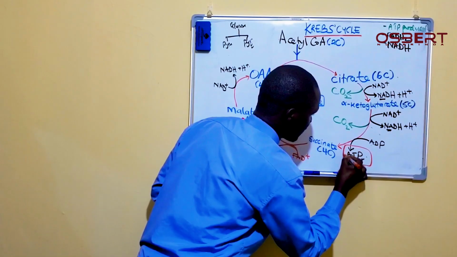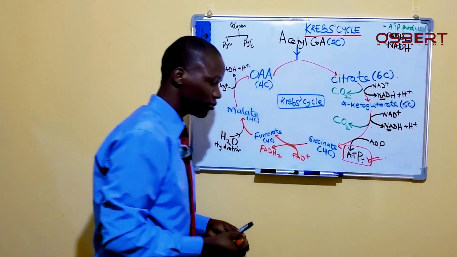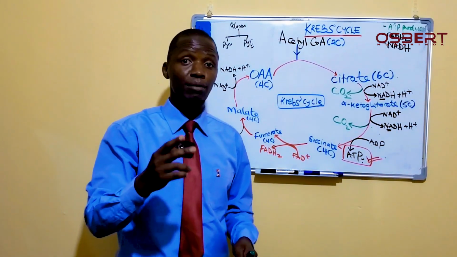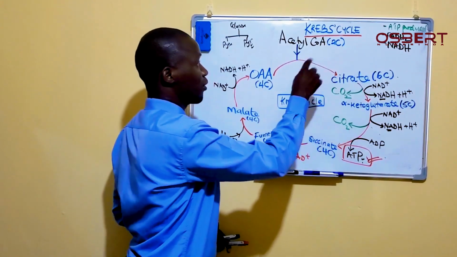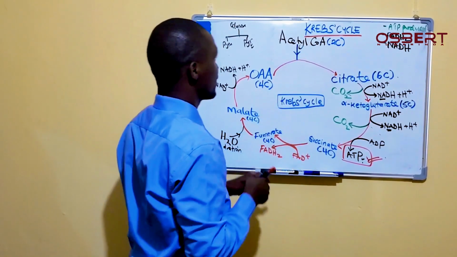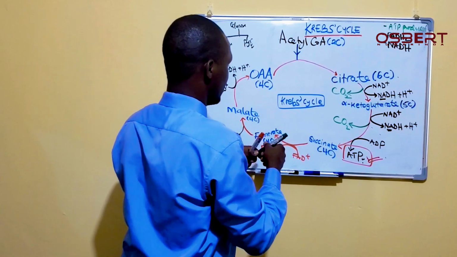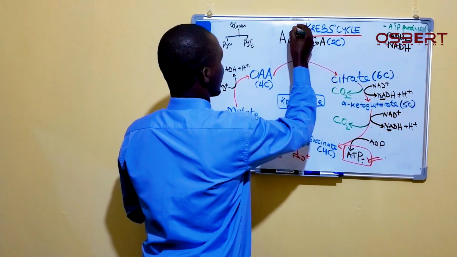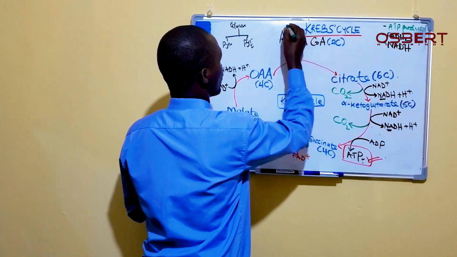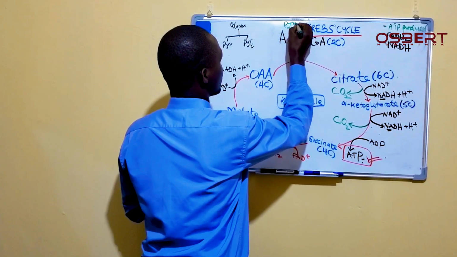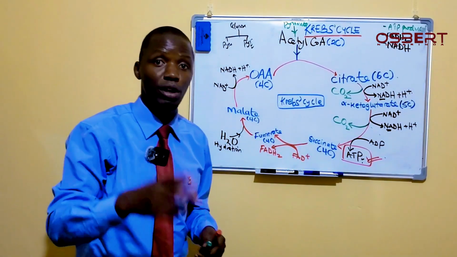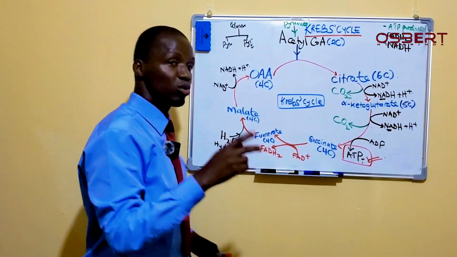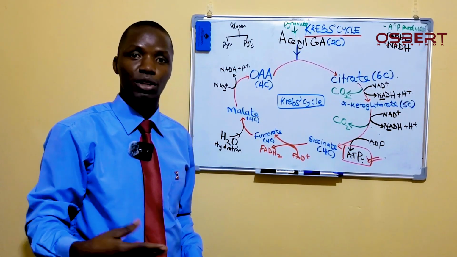We are forming one ATP here. That means if I am having two pyruvates, and one ATP is coming from one pyruvate, remember this acetyl coenzyme A is coming from one pyruvate. That means if I have two pyruvate molecules, then we shall have two ATP being formed.